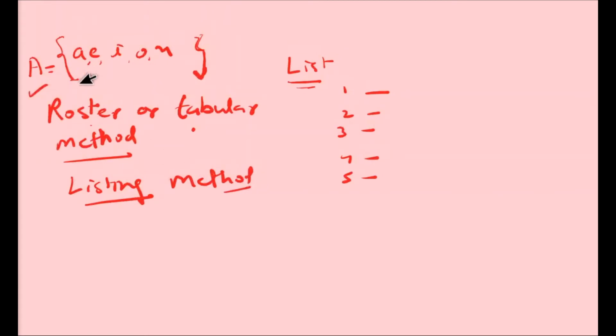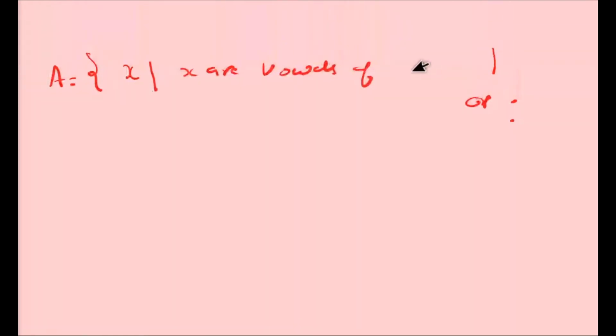So in the roster method you have to describe the list. Now if we know what the thing is, how can we say it? We can write a set: let x, then a slash or a dot, and then you have to describe what x is. x are vowels of the English language.